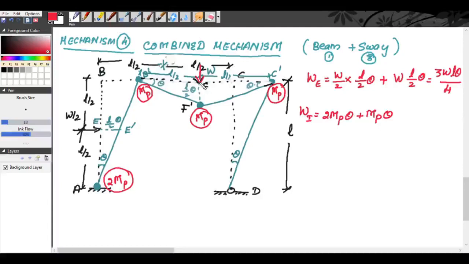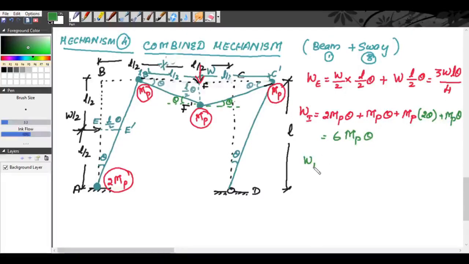At F, F is shifted to F dash, it is mp into, we didn't calculate, right, so mp into 2 theta, theta plus theta. At C, C is shifted to C dash, so plus mp into theta. So we get internal work done equal to 2, 3, 4, 5, 6, so 6 mp into theta.